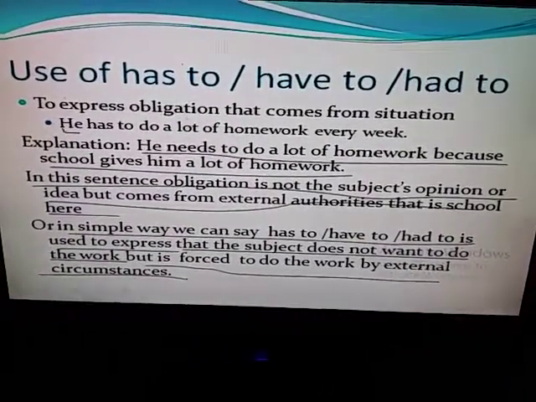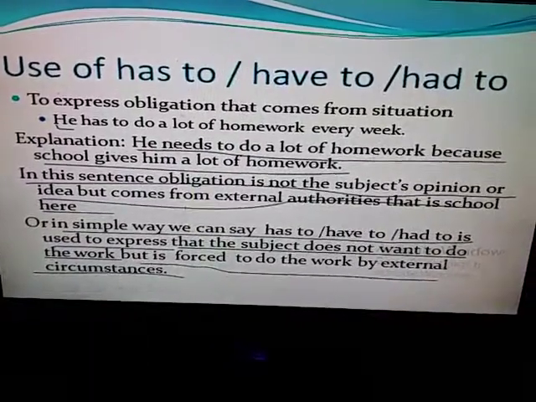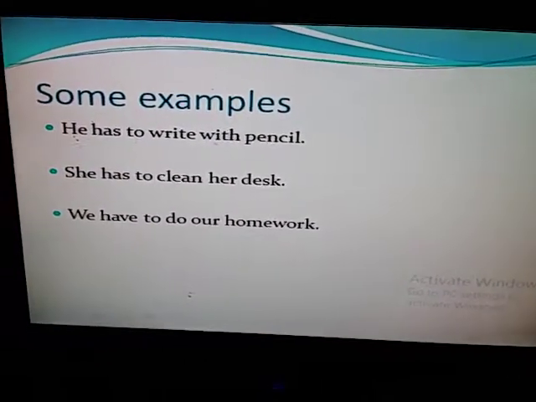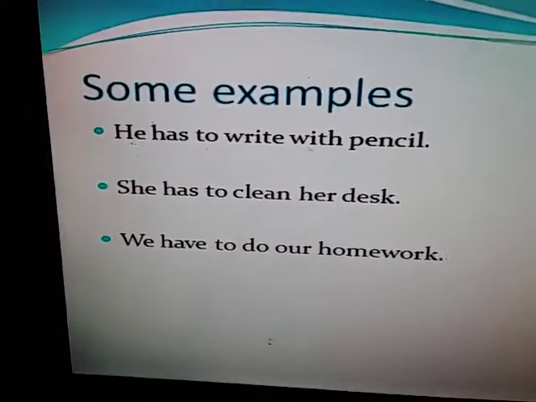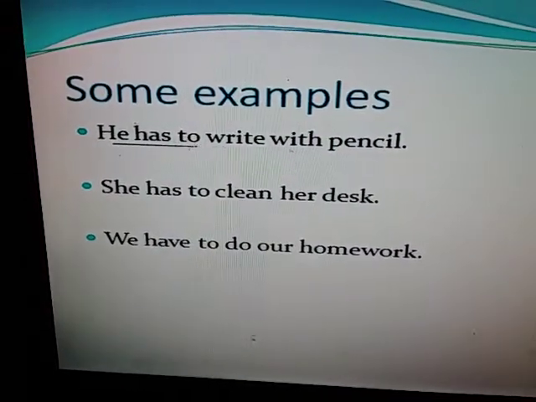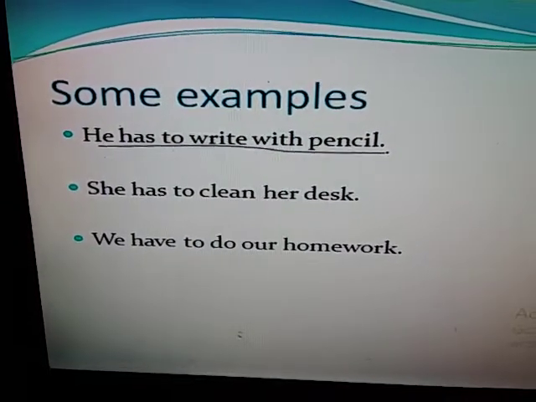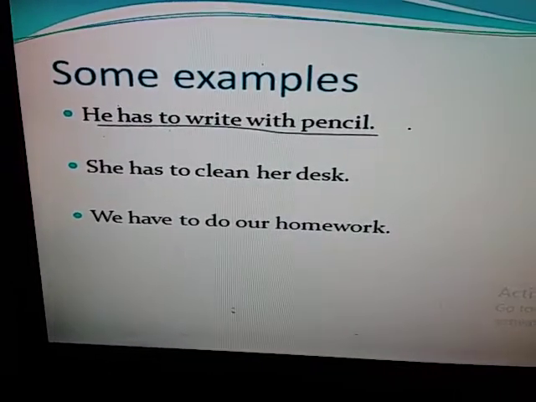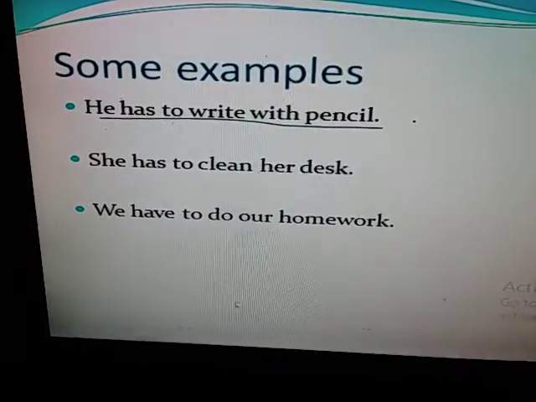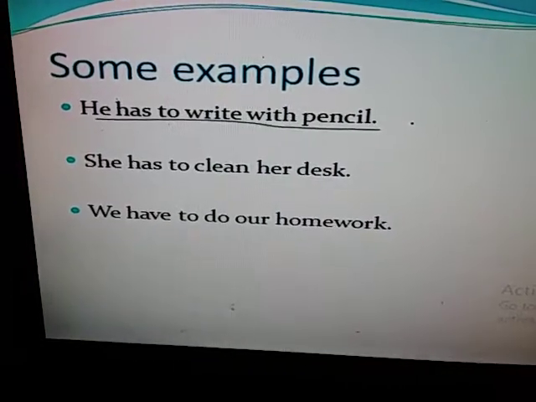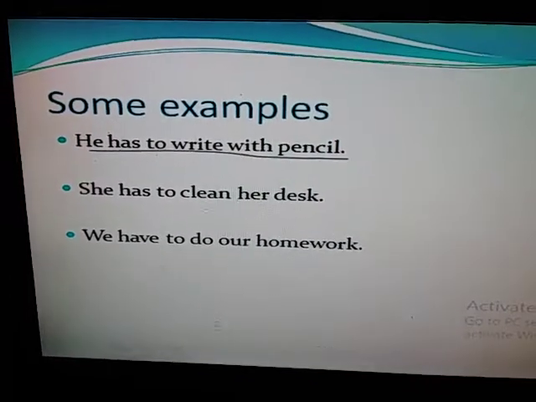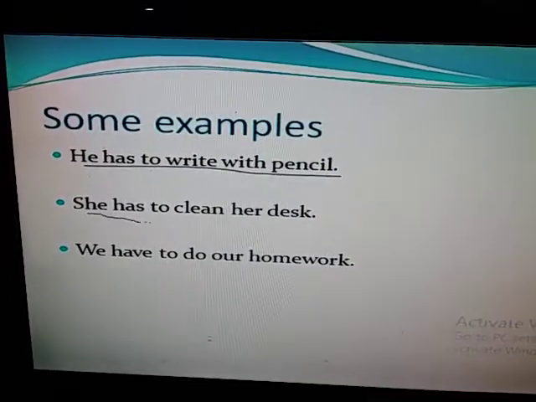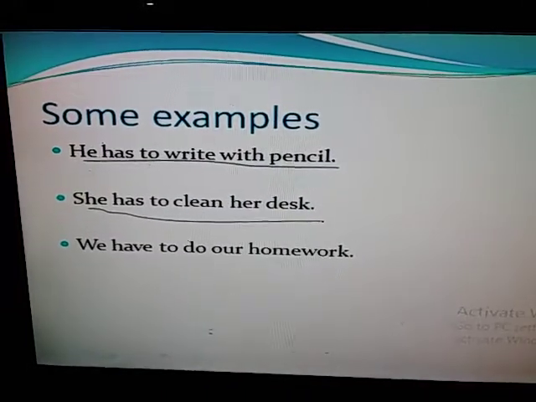To understand this use, let us see more examples. Here, the first one, he has to write with pencil. That means due to external circumstances, he has to write with pencil. The next one, she has to clean her desk.